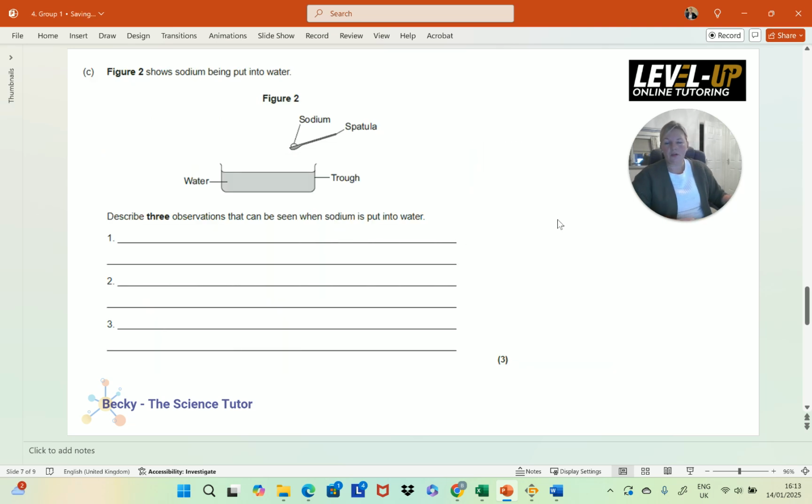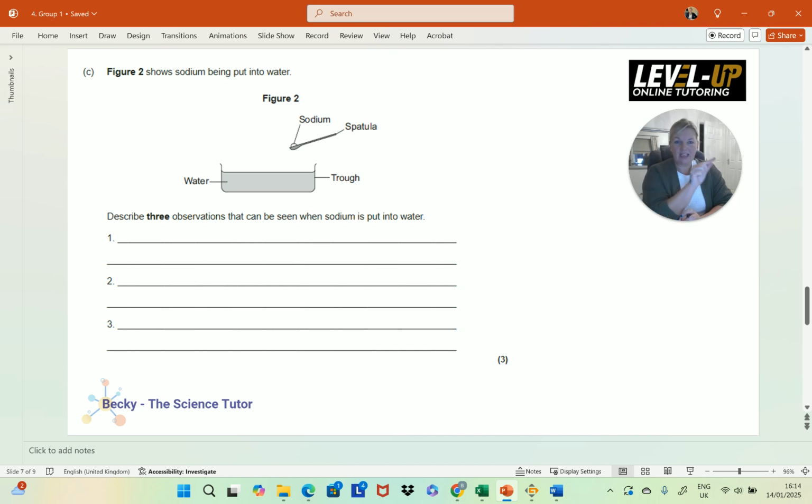Okay, so often you get asked questions that ask you about the observations that you would see. Now for this one, it gives you a little diagram to remind you of what we did, and it just asks you to describe 3 observations. Be careful that in some questions it might say when sodium is added to the water it fizzes.